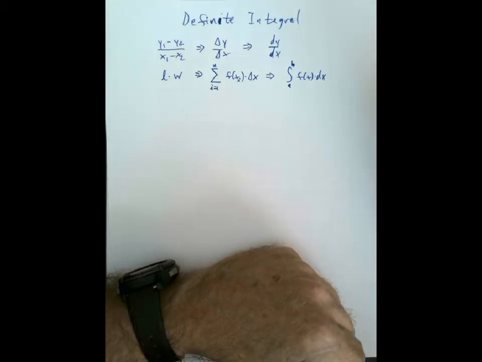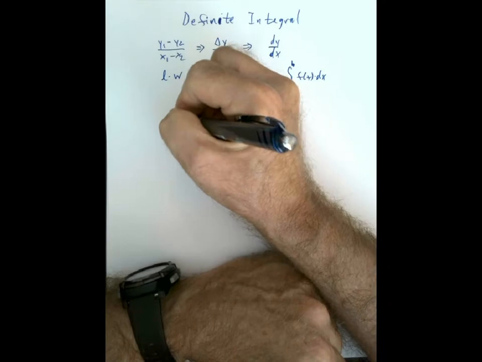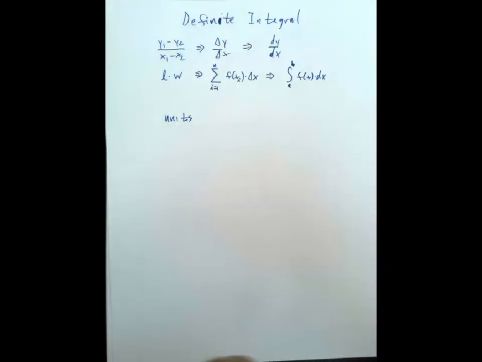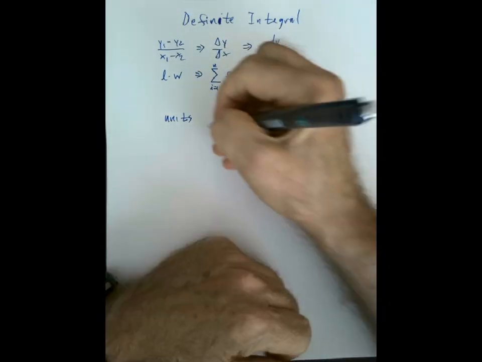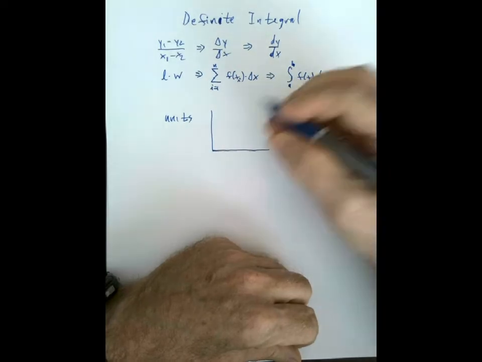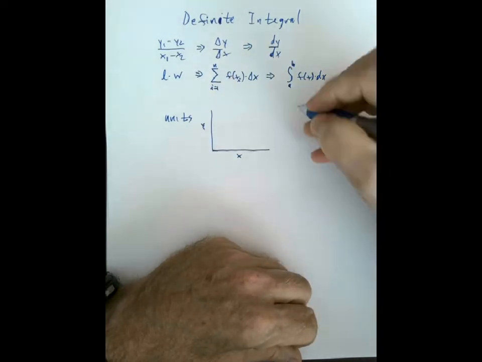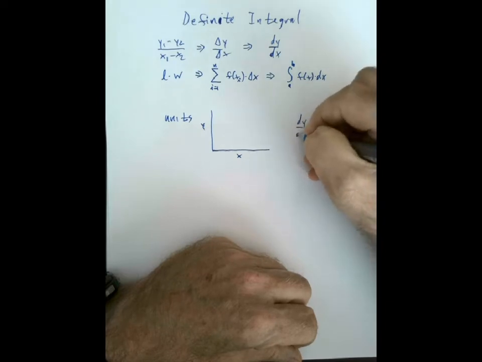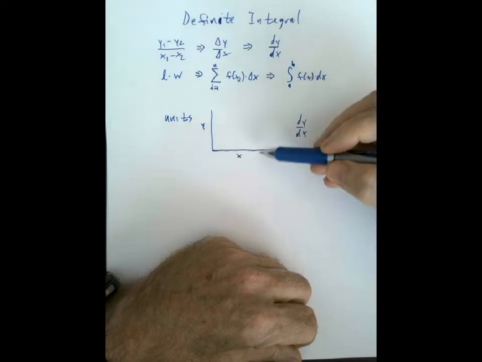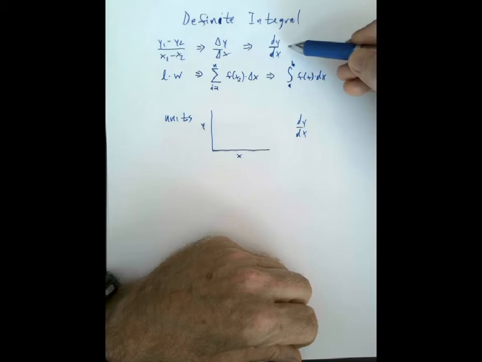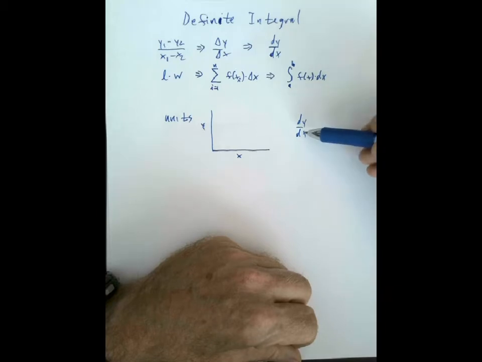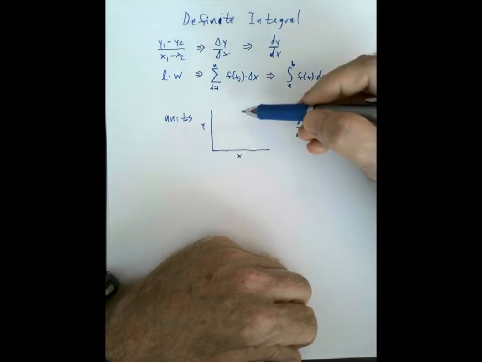So what we said for units for the derivative was, if we've got x here and y there, then the units of the derivative, dy over dx, were the ratio, because the derivative was still a ratio of the change in y over the change in x. So the derivative units were a ratio of the y units and the x units.